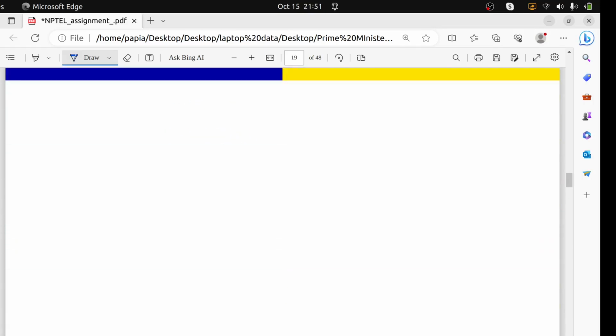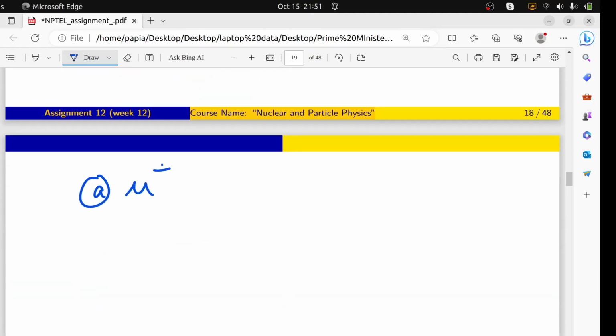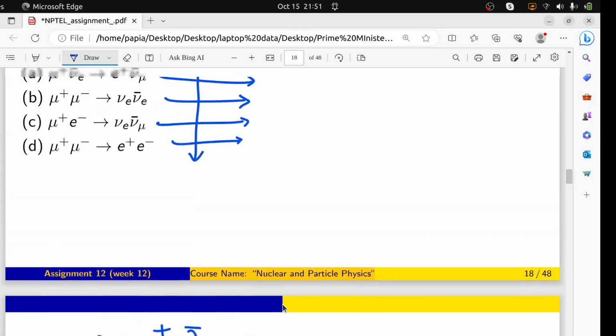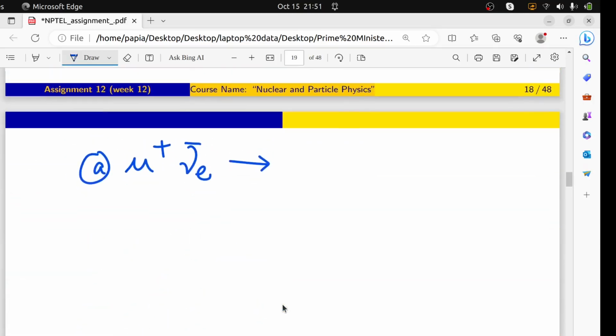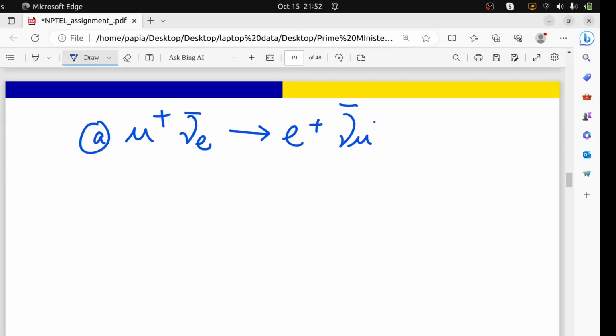First of all, we are just going to do that one by one. So first one is mu plus nu E bar, it is giving us E plus nu mu bar. For that condition, first of all we will check whether this process is allowed or not.